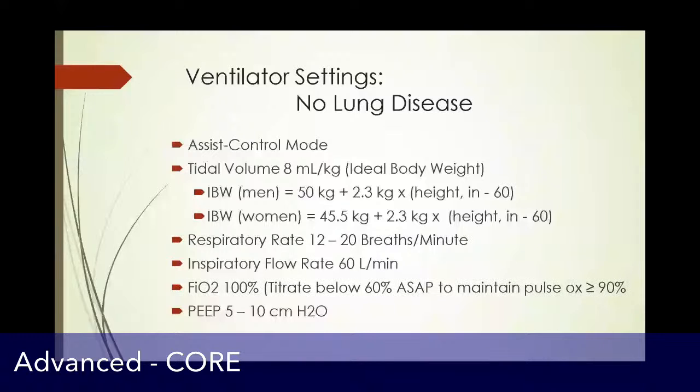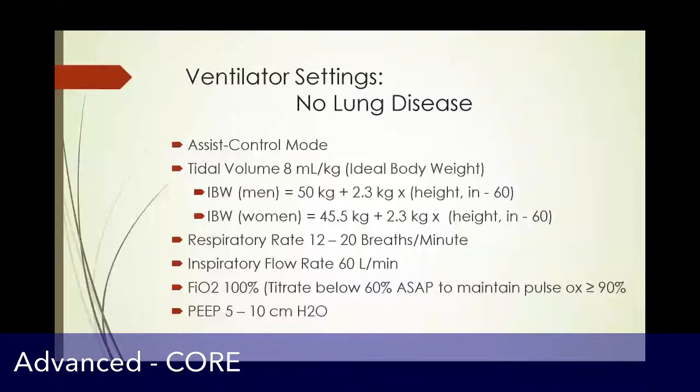Again, it's going to be patient dependent, and it's going to be a combination of their pre-existing lung condition, their current disease process, what type of medications are on board. But in general, a person without lung disease, the person that you've paralyzed maybe to protect their airway, you can use an assist control mode.